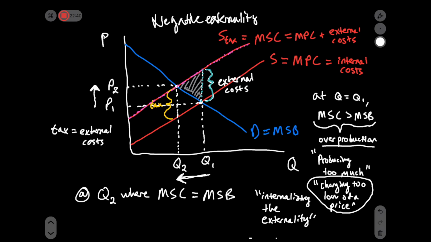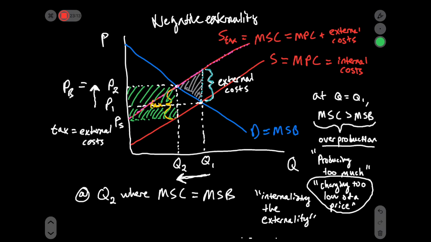And of course there's now, maybe I should do this in a different color, this green line here, which will be the new price that sellers receive. P2 will be the new price that buyers pay in the market. And there is tax revenue as well that's generated from the tax.